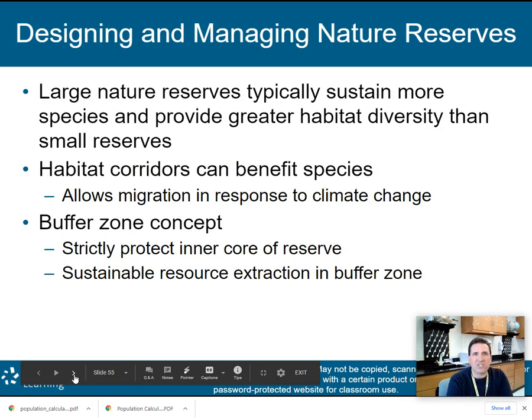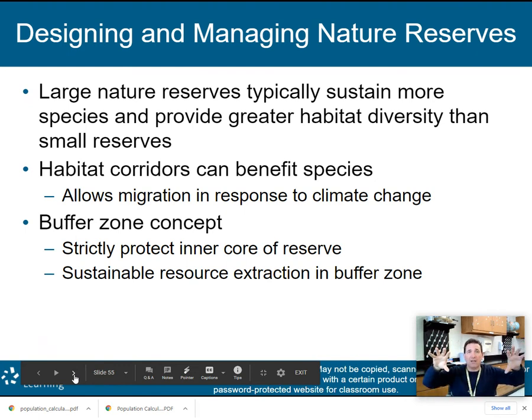So, designing and managing natural reserves. Large natural reserves typically sustain more species and provide greater habitat diversity than small reserves. Again, these are just areas: we talk about wilderness areas, we talk about parks, we talk about reserves. A habitat corridor can benefit species and allows migration in response to climate change. Basically, let's say you have two forests that have been fragmented by a road.